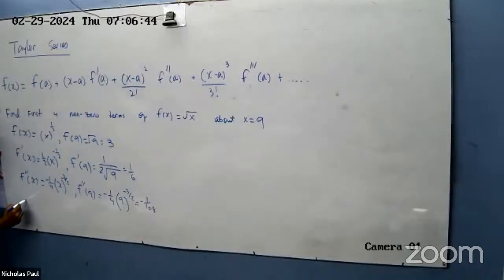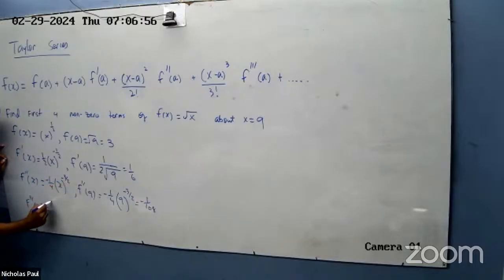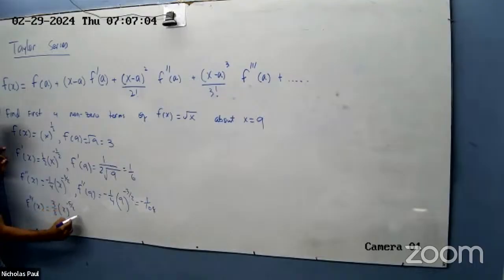And then we do one more, triple prime. Triple prime will be this by this, which will be positive 3 on 8 by x to the minus 5 on 2.